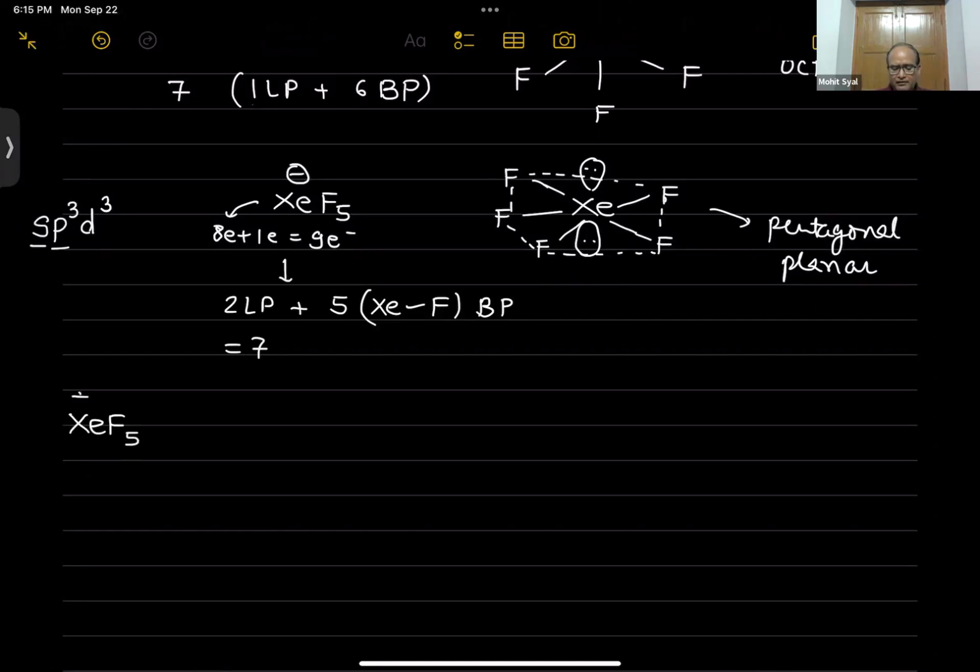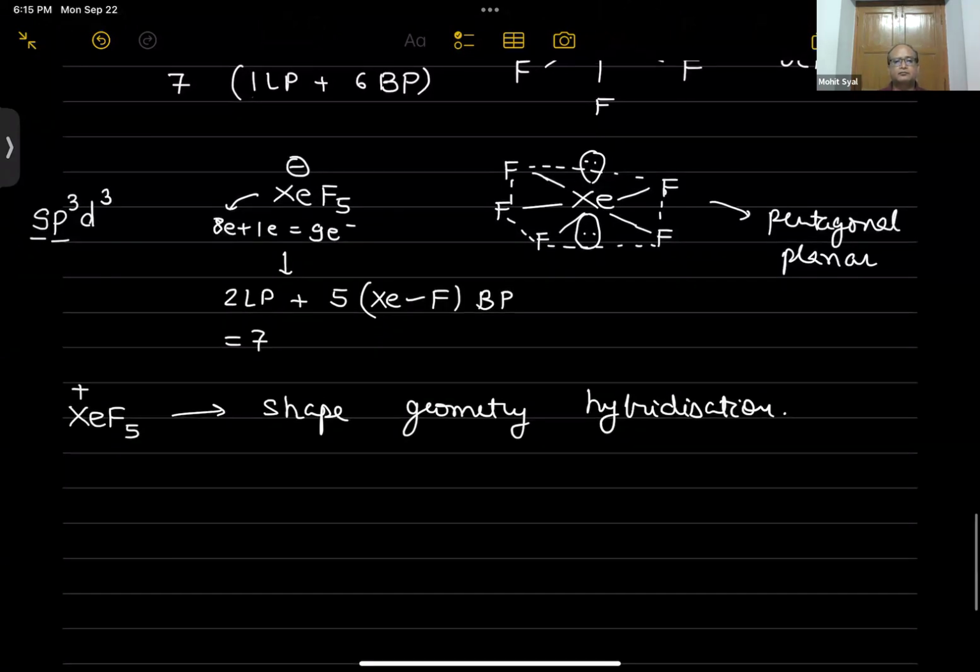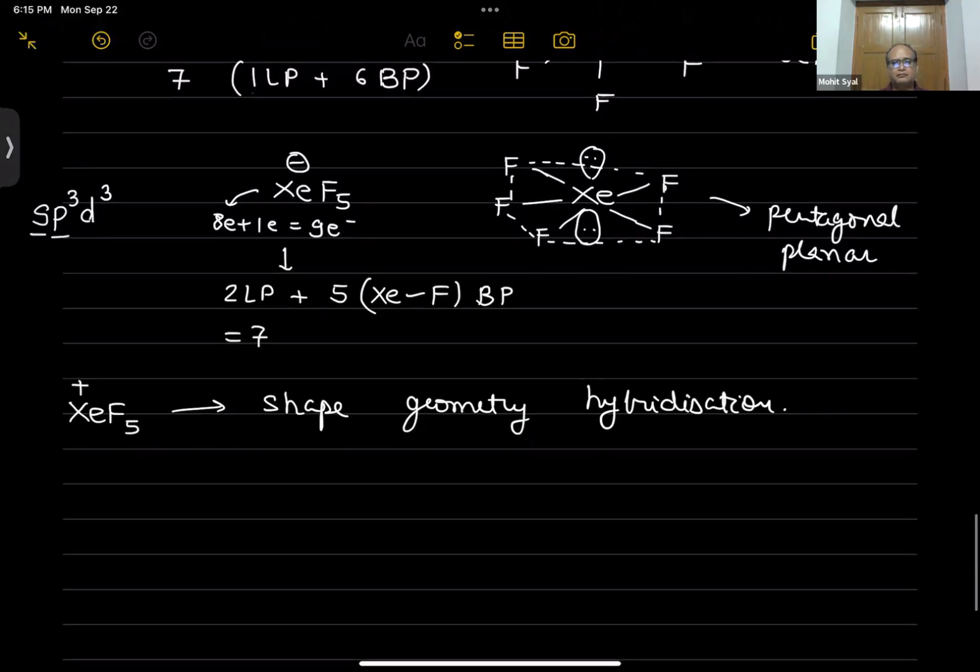XeF5 plus. Shape, geometry, and hybridization.